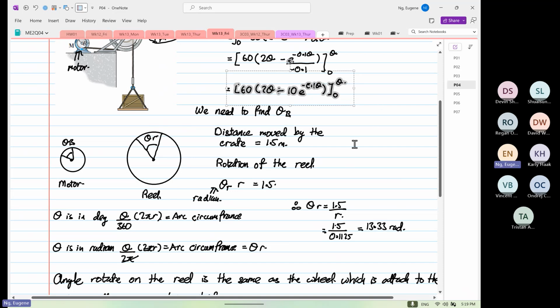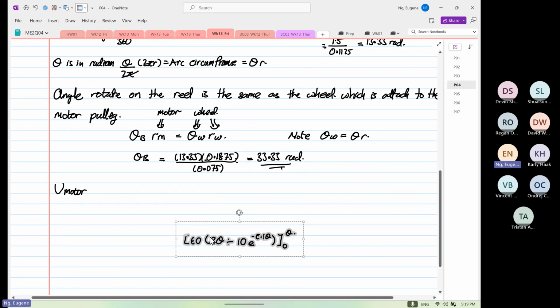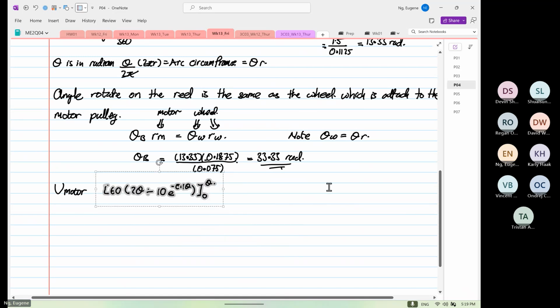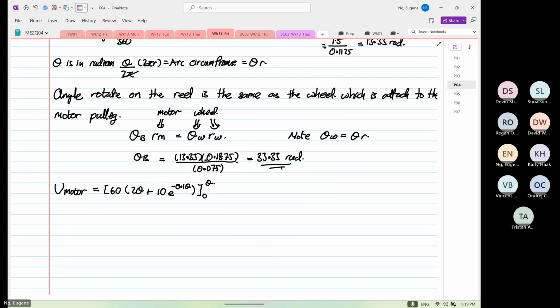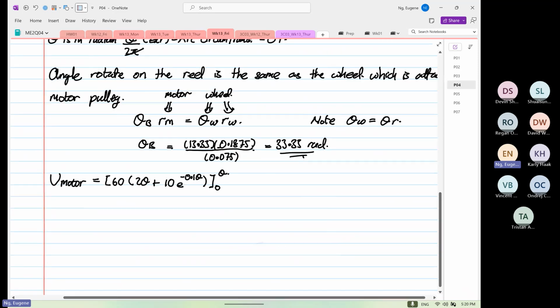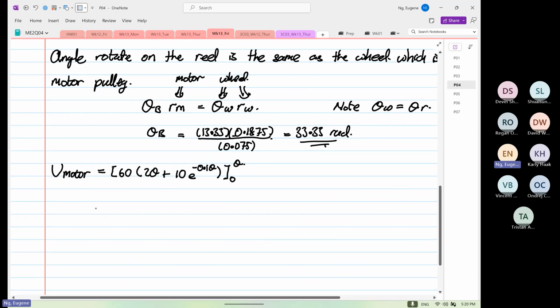Okay, I made a big mistake. I thought when theta equals 0, the whole term is equal to 0. It's not. Okay, I made that mistake. So you have to do the full-blown equation. Okay. Don't make the same mistake like me.